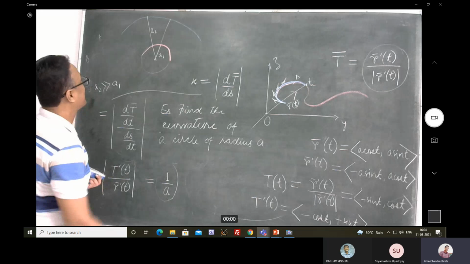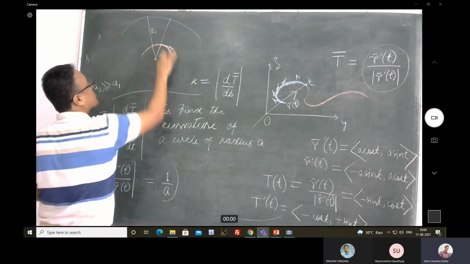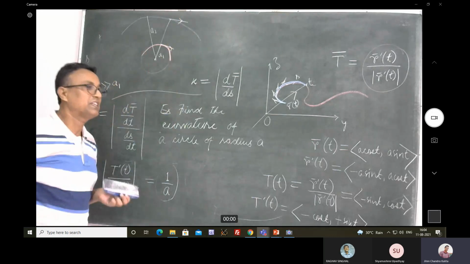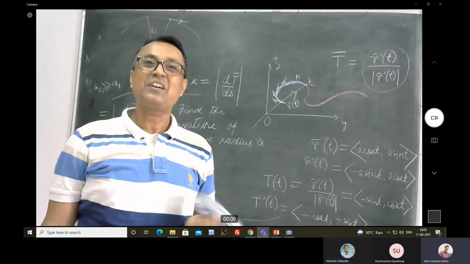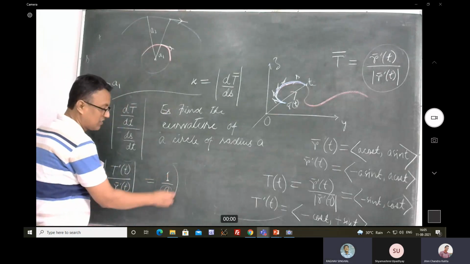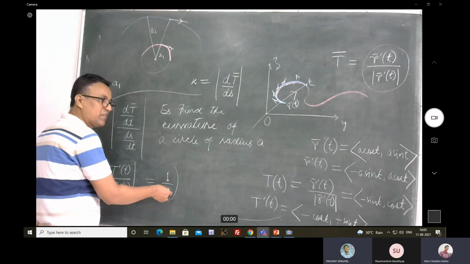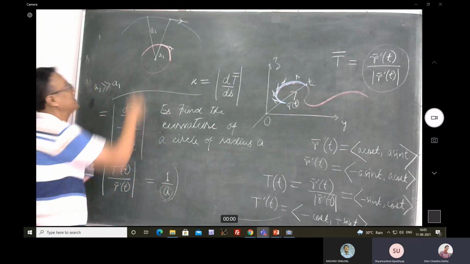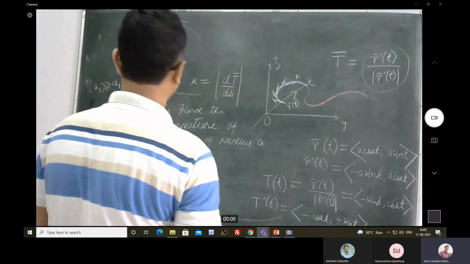If I consider the curvature at a point on the pink part and on the blue part, what does it tell you? If you look at the blue part, it is almost like a straight line, isn't it? Its curvature is less because curvature is given by 1 by a. The greater the value of a, the lesser the curvature. So from here itself, it is obvious.